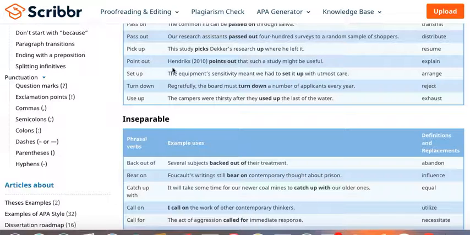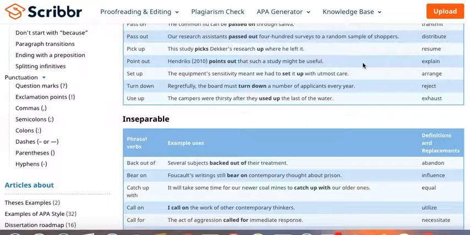Point out. Hendricks, 2010, points out that such a study might be useful. Can you see the date in parentheses or brackets? This is when you cite. You tell the reader who said it, when did they say it. This is an in-text citation.